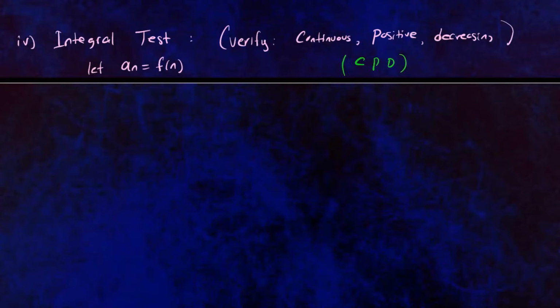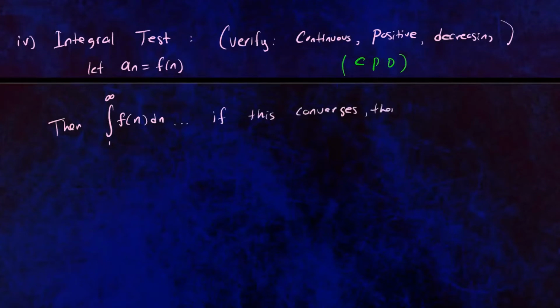So for instance, you will do the following. You will take the integral of, let's say, from 1 to infinity, let's go with that, of this function, f of n dn. If this improper integral converges, then your series will converge.